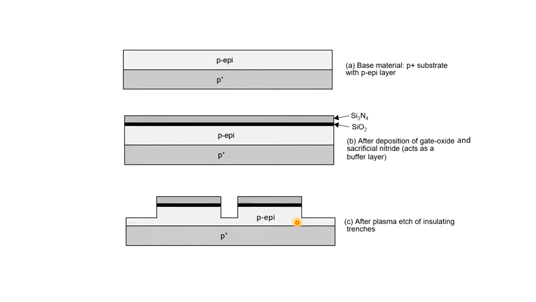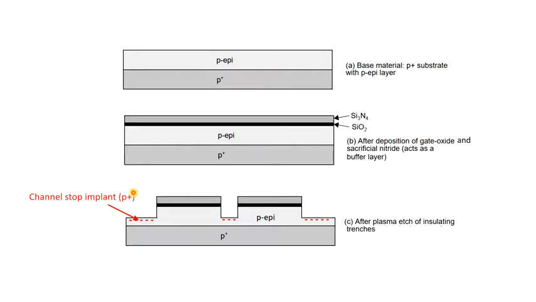To further improve the isolation between adjacent devices, from this device to this device, or from this device to the next device here, what we can do is use an implantation, as you can see here.